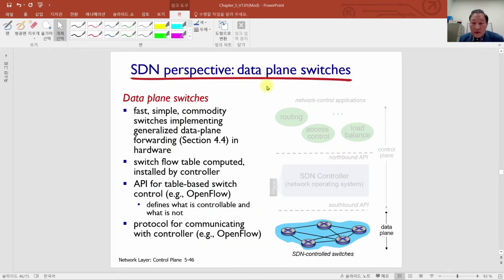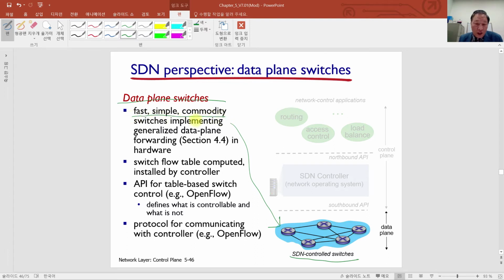SDN perspective. Let's look at this part first, from the bottom going up. This side is the data plane: software-defined controller switches. This explains the data plane a little more. The data plane switch should be fast, specialized only for switching based on the given flow table.